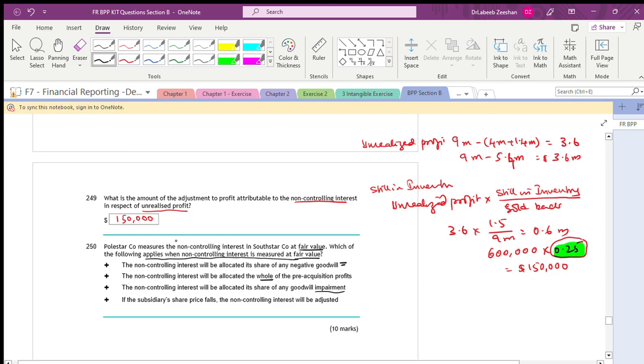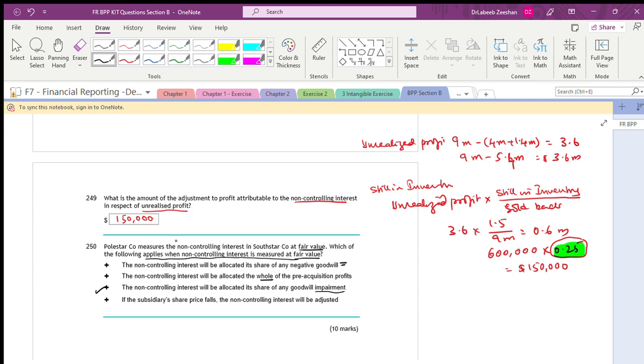If there is any impairment, that impairment will be shared by the parent company and the subsidiary company. If you go through the consolidated financial statements, the impairment value will be allocated to both the goodwill as well as to the NCI.